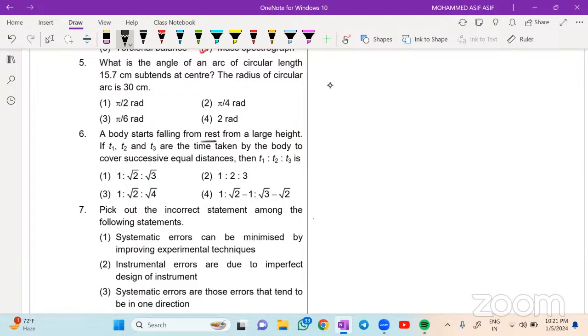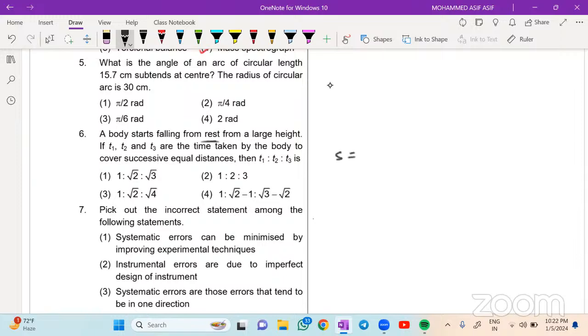Falling from rest, so the initial velocity will be equal to 0, isn't it? Falling from a large height, if T1, T2 are the times taken to cover equal distances, then T1, T2 will be equal to how much?